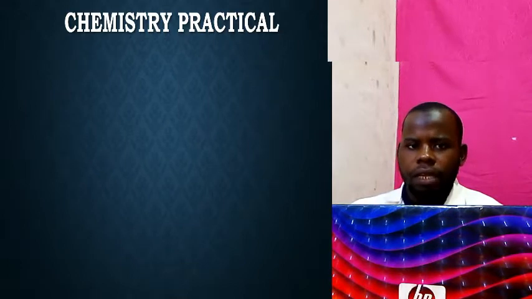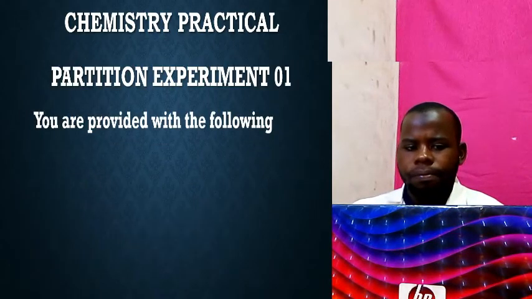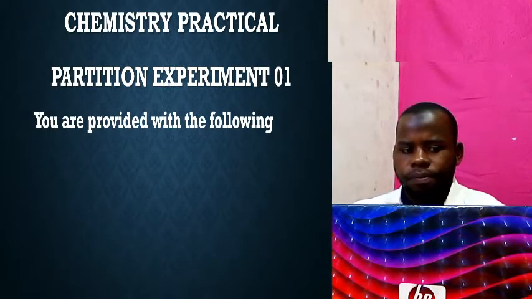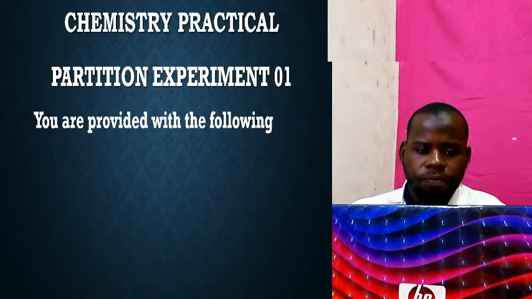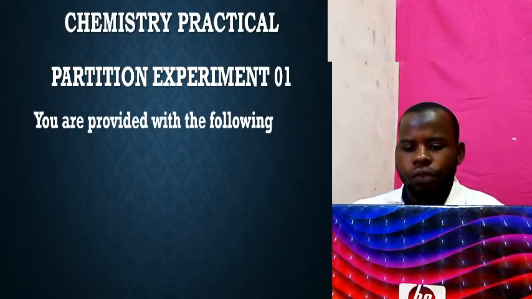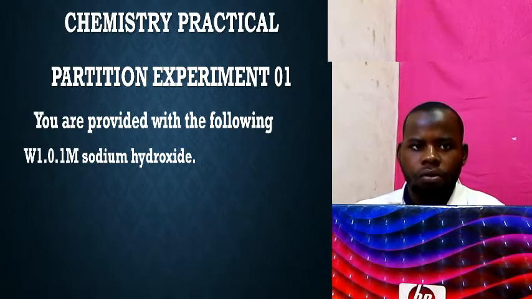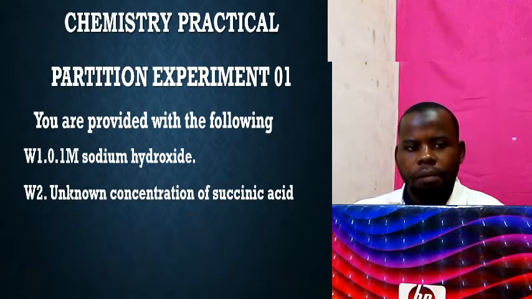So now we start with experiment number 1, partition experiment number 1. Be with me to understand more. You are provided with the following solutions. W1 is 0.1 molar sodium hydroxide. W2 is succinic acid of unknown concentration.